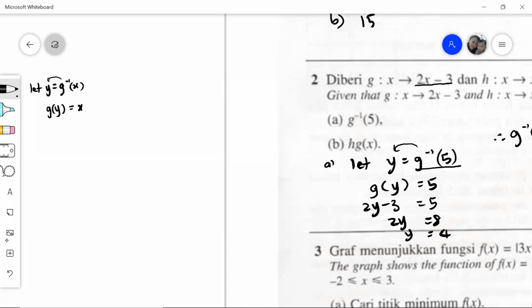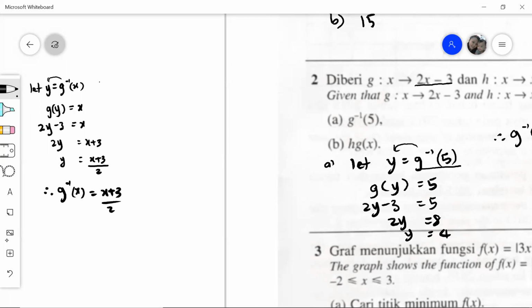The function g is 2 times the object minus 3. And our objective is always to make y the subject. Once we make y the subject, then you see y is g inverse. Therefore, we get generally g inverse equals (x plus 3) over 2.